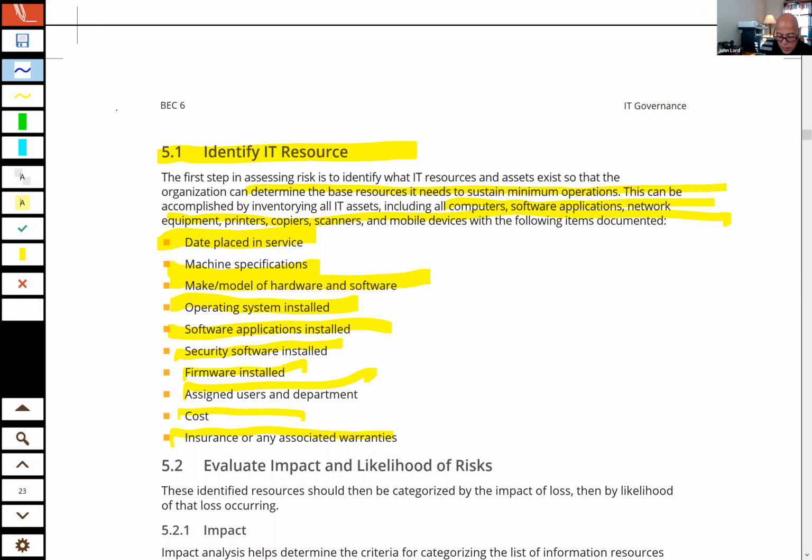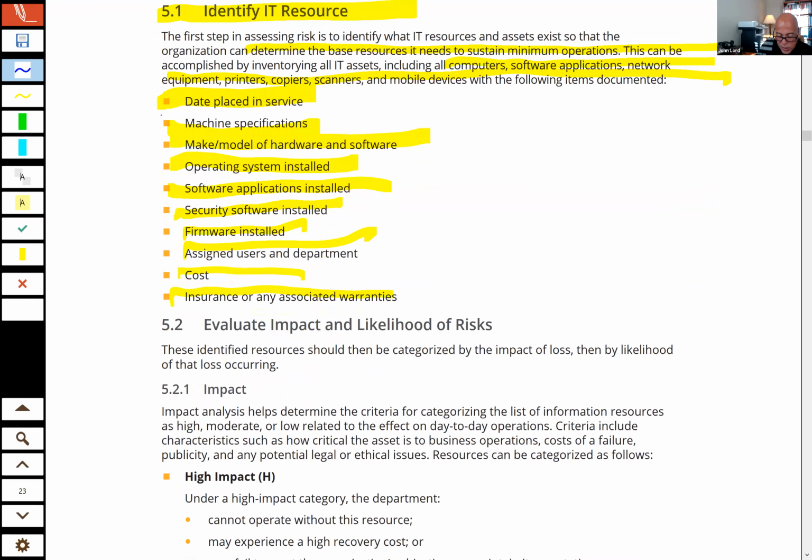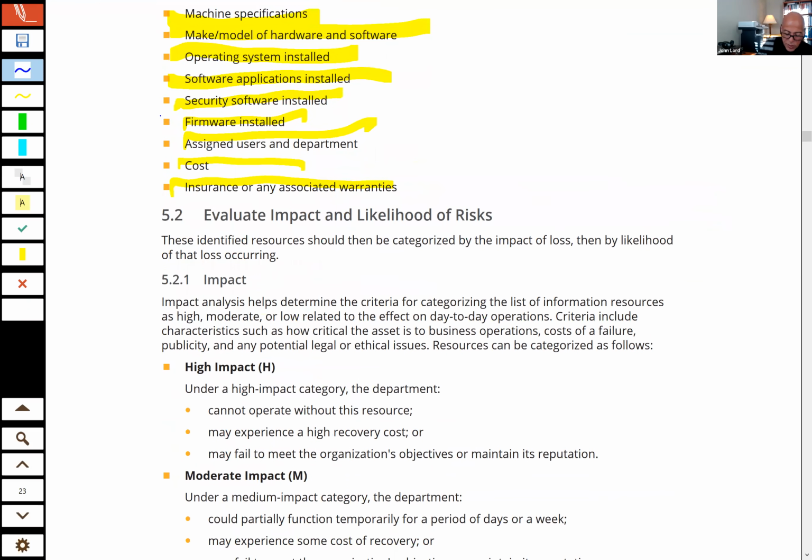Now, as I said, we take sort of a risk management approach to this. And so what we do is evaluate the impact and the likelihood of the risk. And so if you have a high impact, high impact means that what?